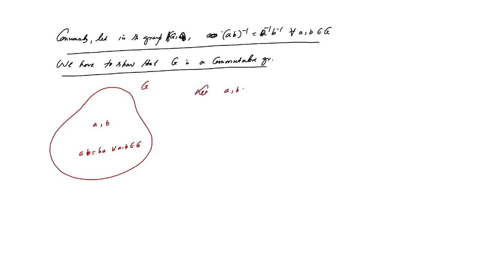So we take A, B as elements of G. Then by the given condition, we write (AB) whole inverse equals A inverse B inverse, because it is given here. So you can write it by star.